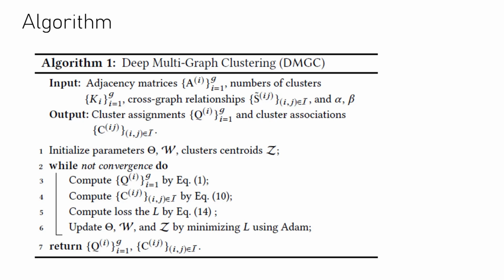We compute Q_i. That's the first step. Then we compute C_ij, then compute the loss, and then update these parameters using Adam, and then return Q_i, which is nothing but the cluster assignment, and the cluster association.